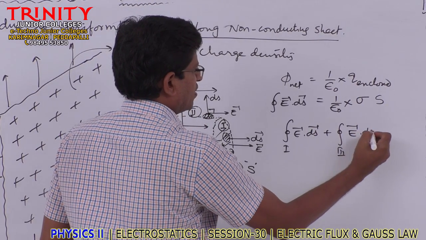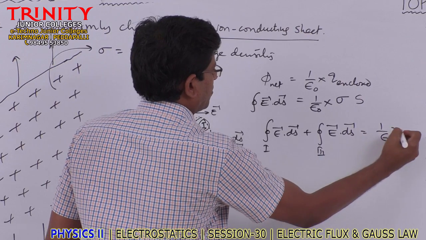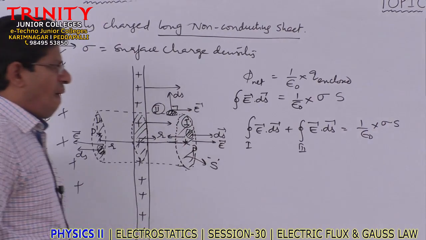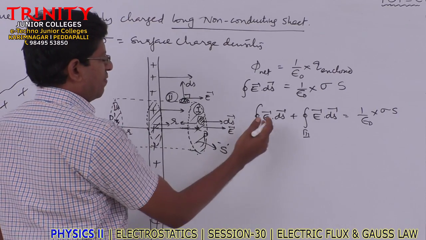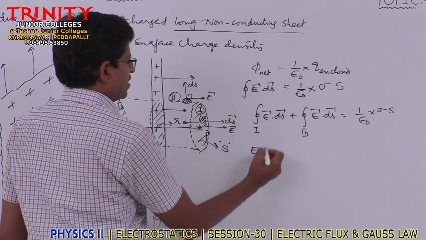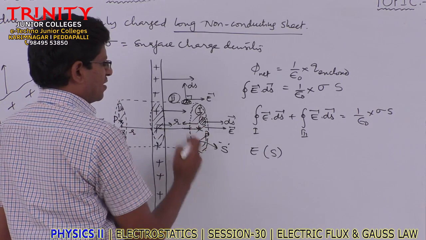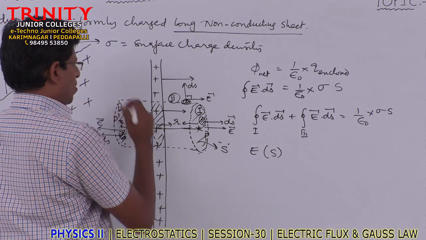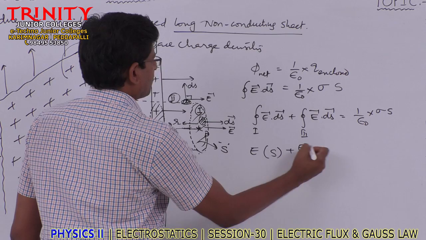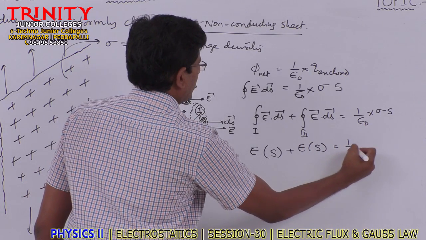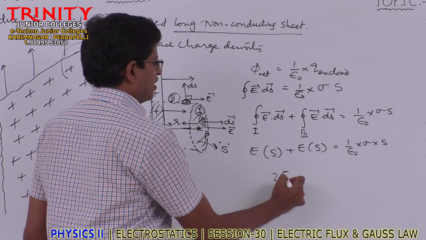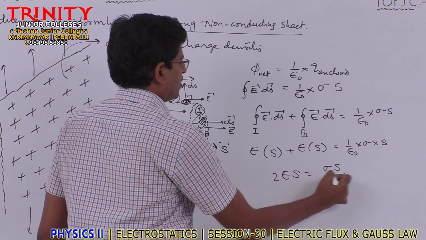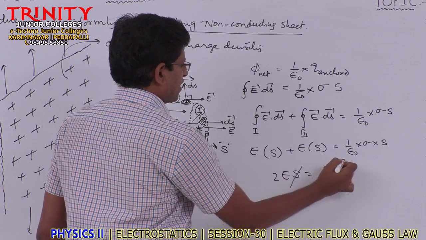So, E dot ds is equal to 1 by epsilon into sigma S, right, sigma S. So, E ds cos 0 is 1 anyway, E is taken out, integration of ds means the area S, this area I have taken S, this also area S, therefore 1 by epsilon into sigma into S. So, what you can write here is 2ES equals sigma S by epsilon, S cancels here.